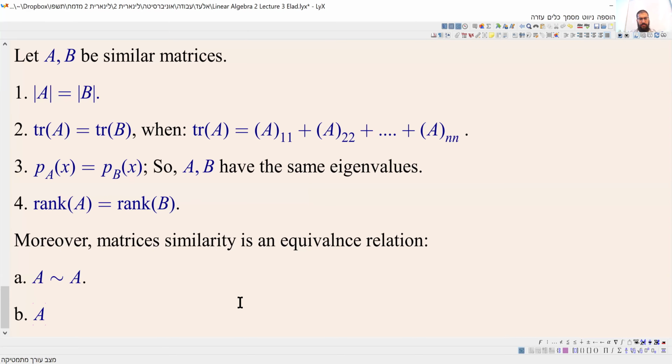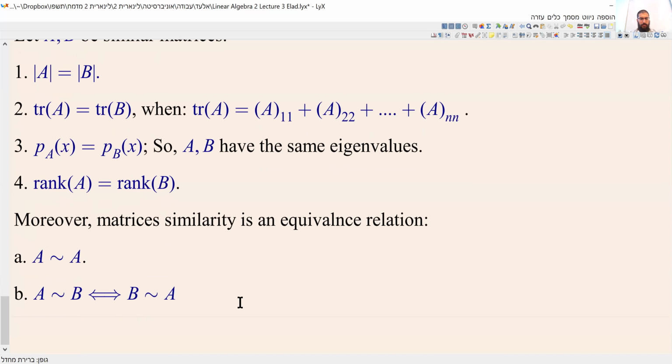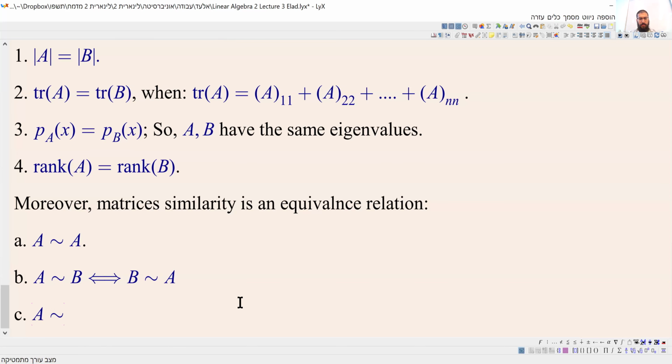If A is similar to B, it actually goes in the opposite direction: B is similar to A. And if A is similar to B and B is similar to C, then A is similar to C.